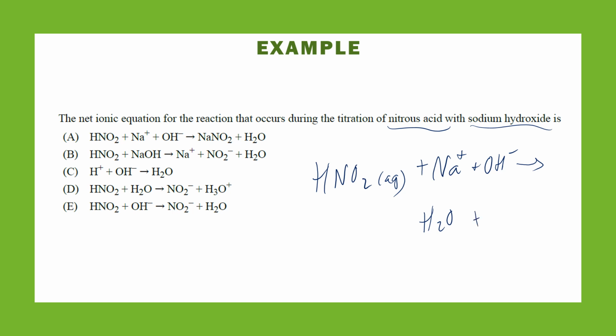But group 1 metal salts are completely soluble, so you'll wind up with the sodium separate from the NO2 minus, and the sodium becomes a spectator ion. So I wind up with that HNO2 reacting with the hydroxide ions to form water and my nitrite ions on the product side. So E is the best answer choice.